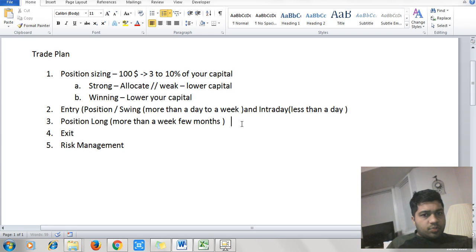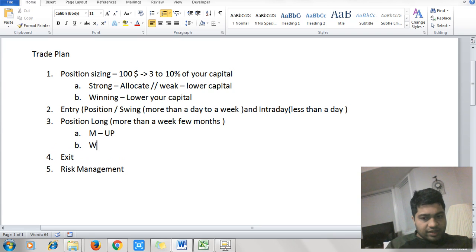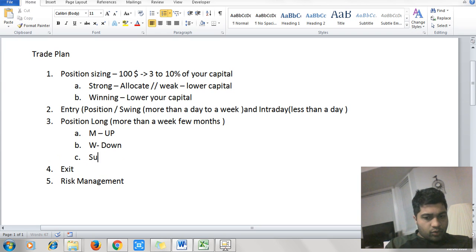So what do you do in positional long? First look at the monthly candlestick chart. It should be in an uptrend. Then look at the weekly candlestick chart. It should be in a downtrend. Then look at the daily chart to identify support.